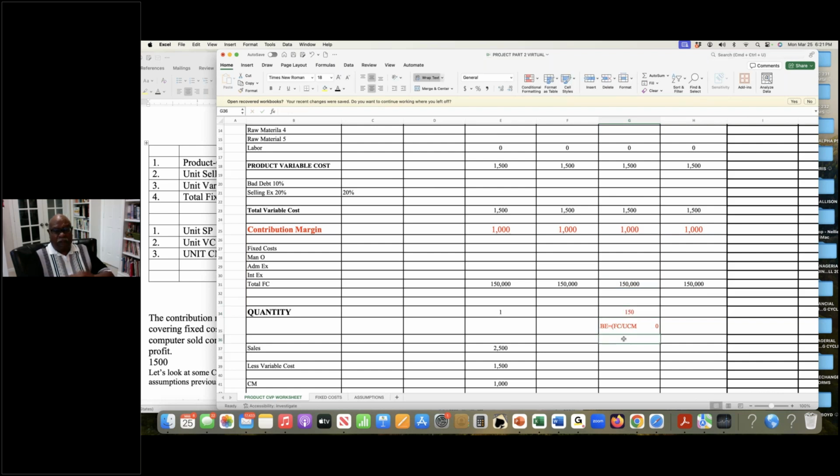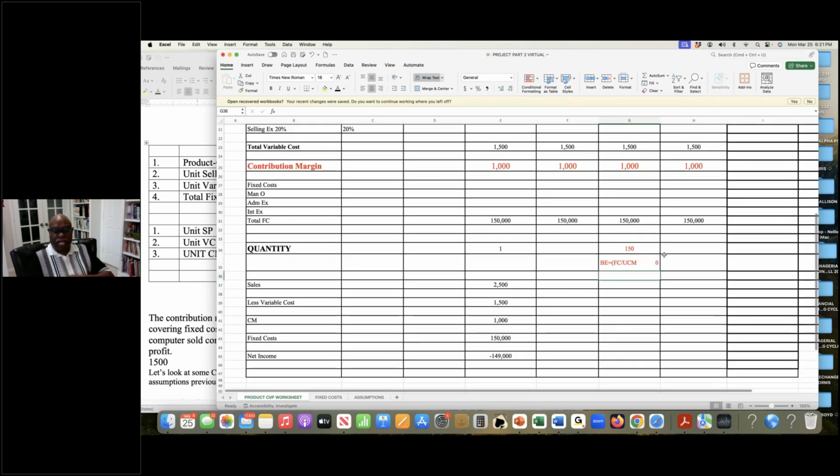Based on this formula, 150 will cause us to break even. That is, when we get ready to go down here and calculate net income, this number is going to be 0. So let's see how that works.